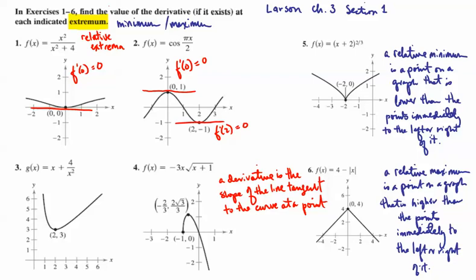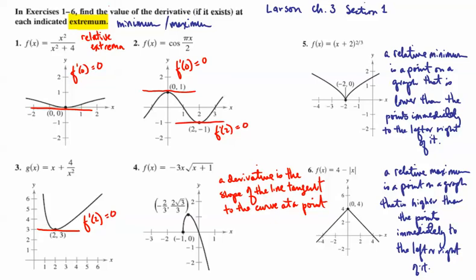And number 3, we have a similar scenario. At x equals 2, we have a minimum point there, a relative minimum that's lower than the points to the left and right of it, and we also have a horizontal tangent to the curve at that point, so f prime of 2 is equal to 0.